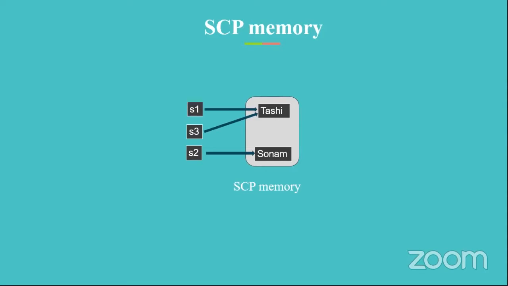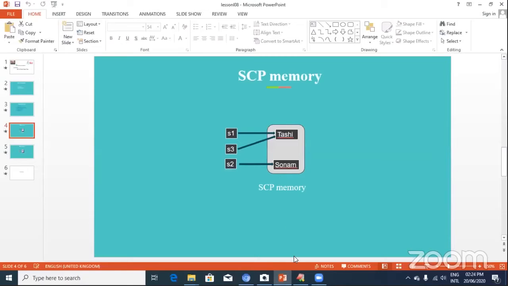So if there is a duplicate, it will point to that previous object. So this is the behavior of the string constant pool memory. That's all about creating objects without using the new keyword and the behavior of these objects in the SCP memory.